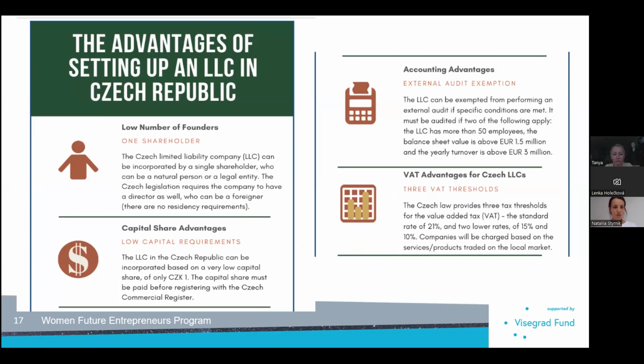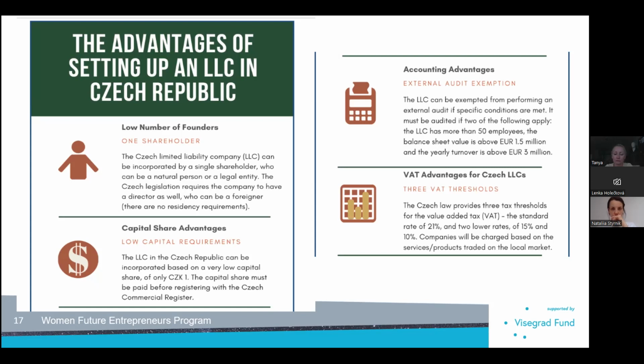Then there are almost no requirements regarding capital, just 1 Czech crown. Before the year 2014, it was obligatory to insert capital of 200,000 Czech crowns. Now it's just 1 Czech crown, so it's a very small amount.